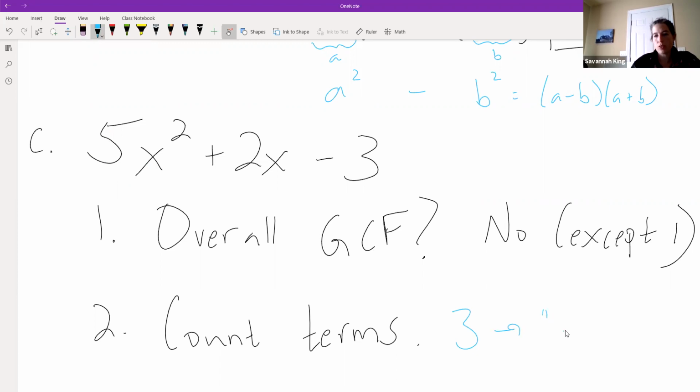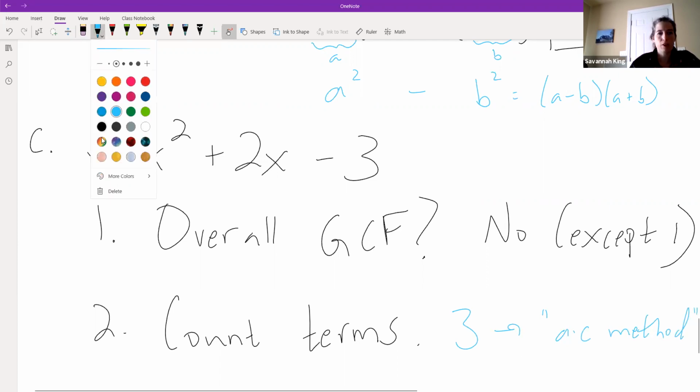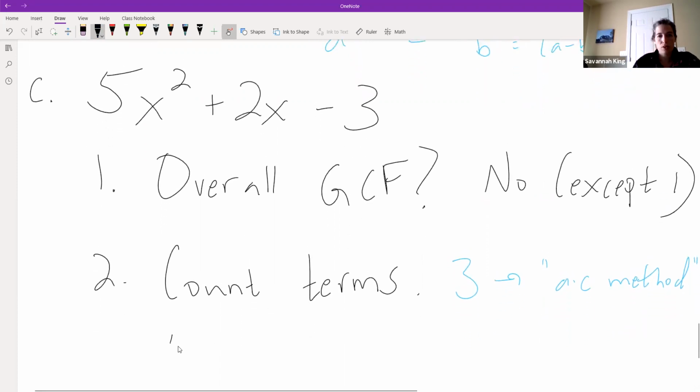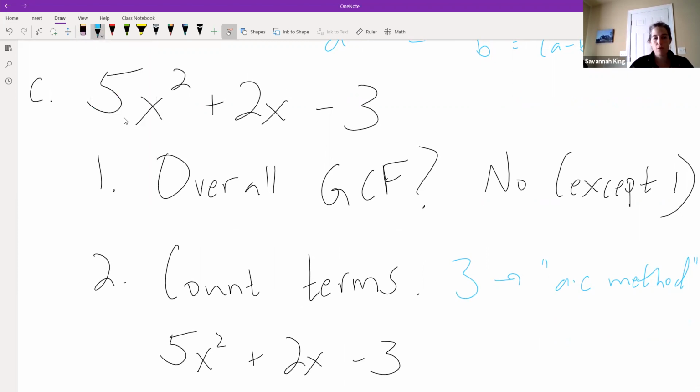So that's going to trigger that AC method where we take our 3 terms and we expand them very carefully into being 4 terms, so that when we have 4 terms, we can do factor by grouping. So it's been a couple weeks since we did this. Remember that the A and the C, if you have your polynomial organized in descending order, which they usually do for you, so x squared term goes first, x to the first term goes in the middle, and then no x's go on the end there.